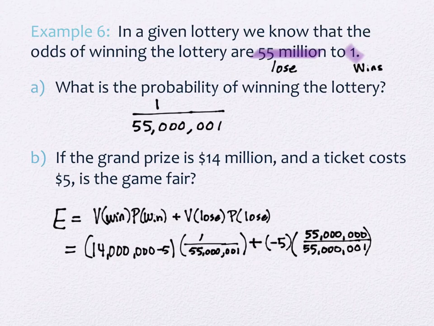You will need your calculator, so grab that if you didn't already get it out. And if you wish, we can actually rewrite this first piece over here as its value. It's 13,999,995. I'm going to use that number to calculate with instead.